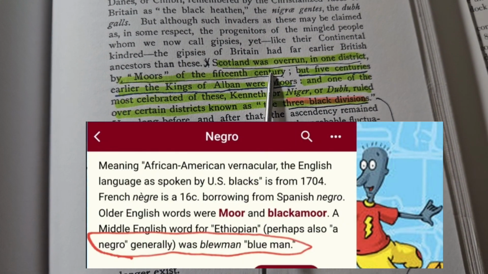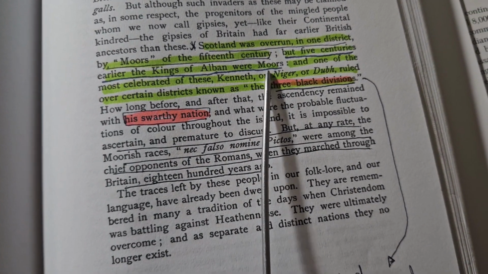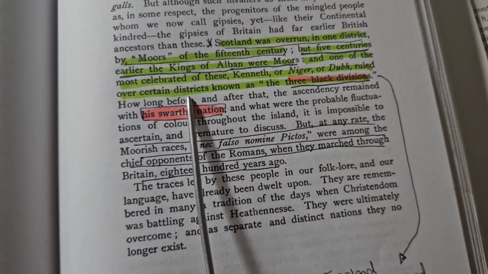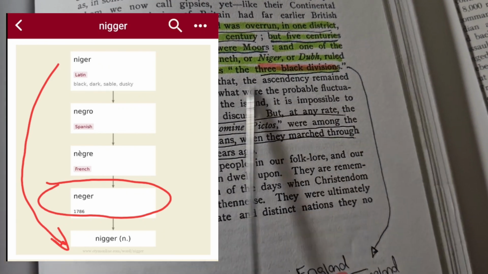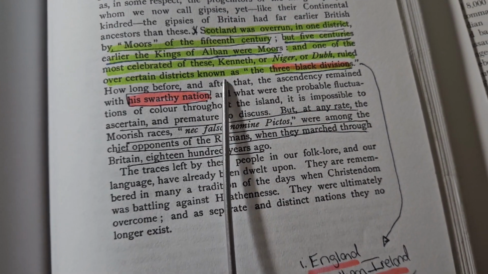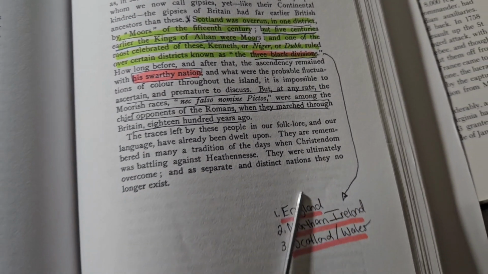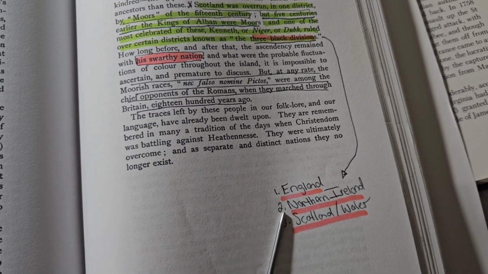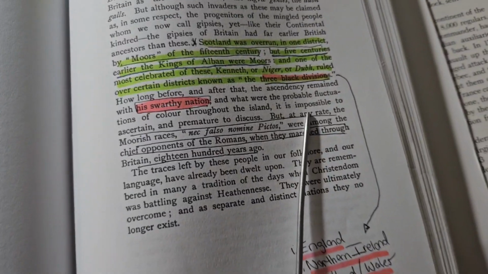Okay. So now we're on page 173, and it states, Scotland was overrun in one district by Moors of the 15th century, but 5 centuries earlier, the kings of Alpin were Moors, and one of the most celebrated of these, Kenneth or Niger or Dub, ruled over certain districts known as the 3 black divisions, okay? Number 1, England. Number 2, North Ireland. Number 3, Scotland and Wales.